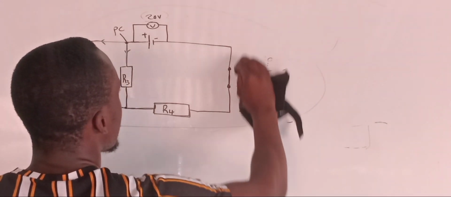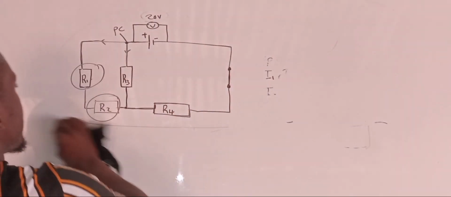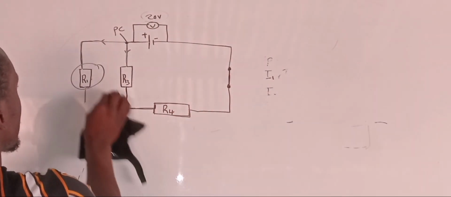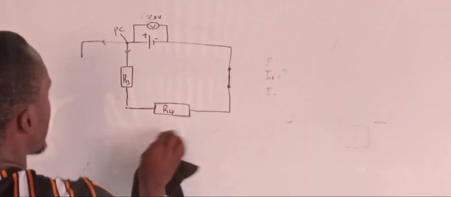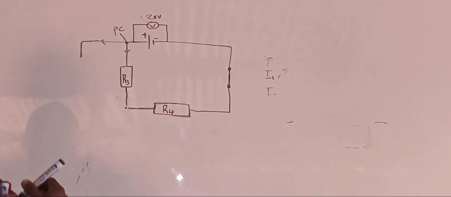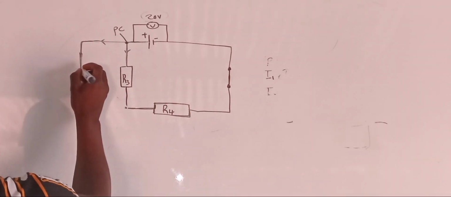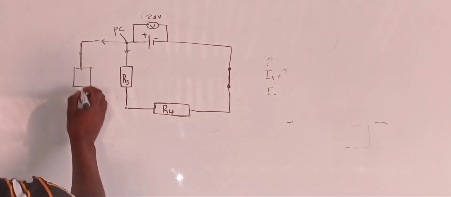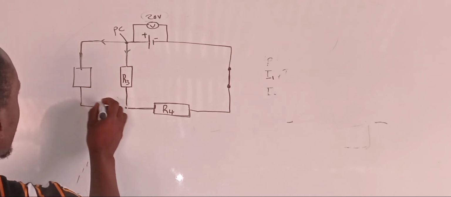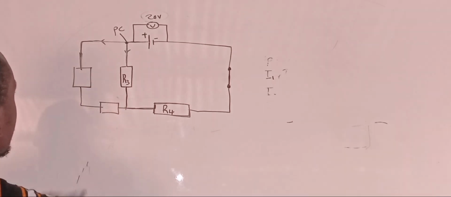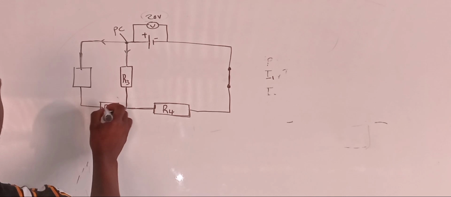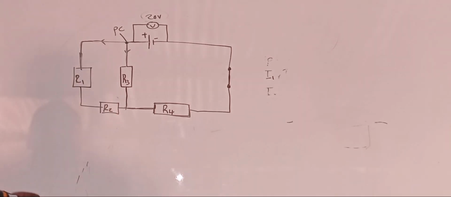Let me say we have, I want to show you this because these are actually problems found in your past exam papers. You say that this is R2, this is R1.